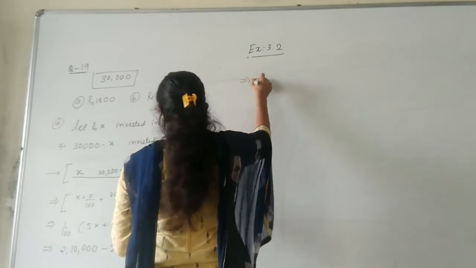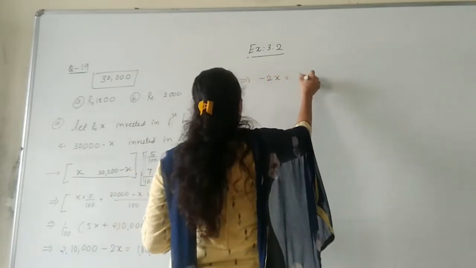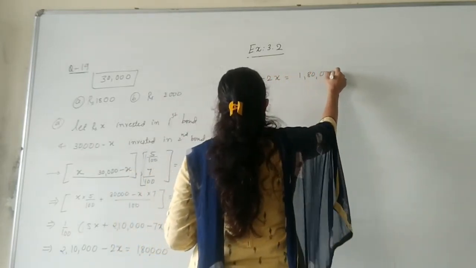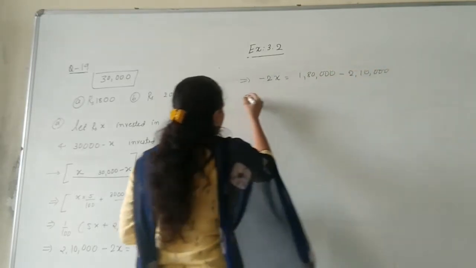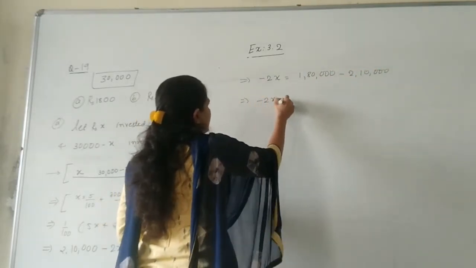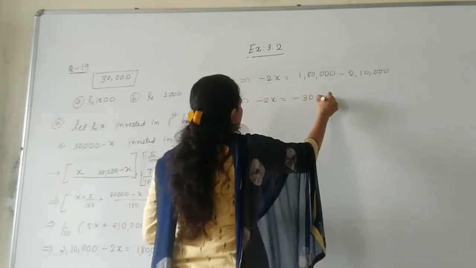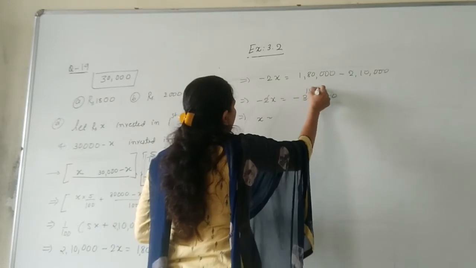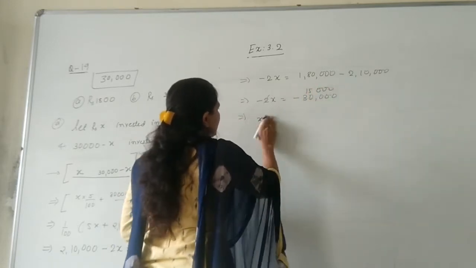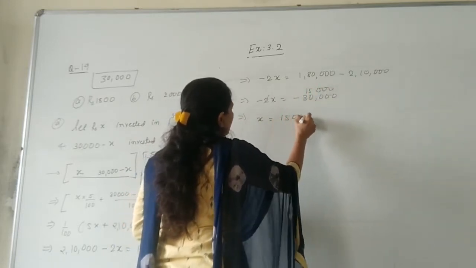So here you get minus 2x is equals to 1,80,000 minus 2,10,000. Just apply. So you will get minus 2x is equals to minus 30,000. Okay, so x is equals to 15,000.